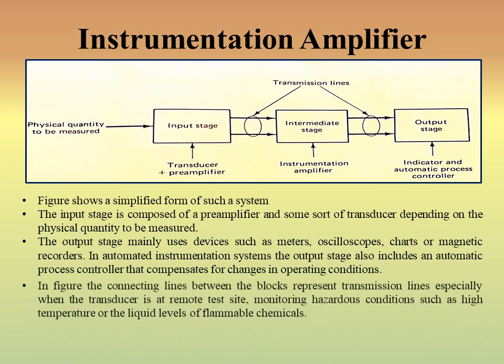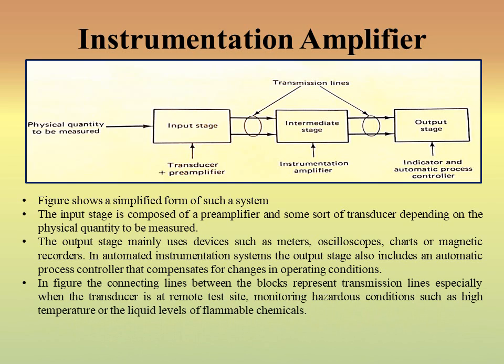In an automatic instrumentation system, the output stage also includes an automatic process controller that compensates for changes in the operating condition. Sometimes if there is a certain change in the physical quantity, the controller controls that physical quantity and does not allow it to change.